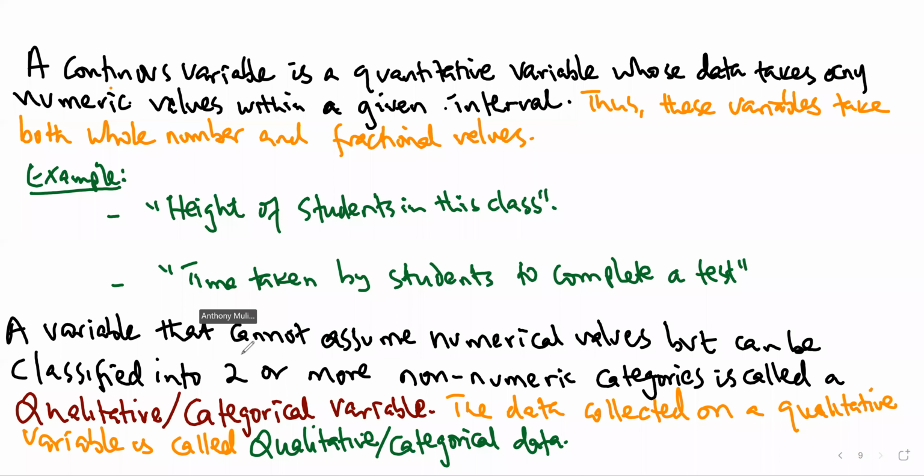In other words, a variable that cannot assume numeric values but can be classified into 2 or more non-numeric categories. Then that variable is what we call a qualitative or categorical variable. And the data that comes from there is, of course, qualitative or categorical data.